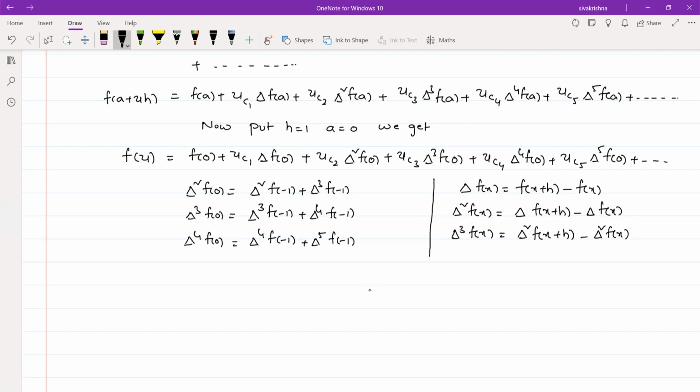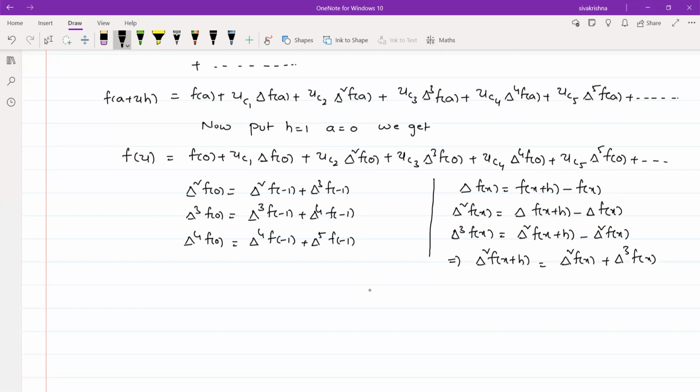Okay, so from this I am writing, this implies delta square f of x plus h is equal to delta square f of x plus delta cube f of x. Okay, so from this equation I am taking minus delta square f of x to the left side. Then we get delta square f of x plus delta cube f of x on the left side, and on the RHS we have delta square f of x plus h. So this is the equation we obtain.